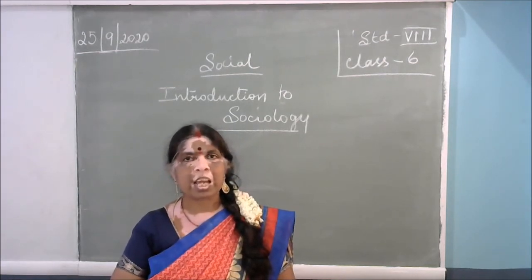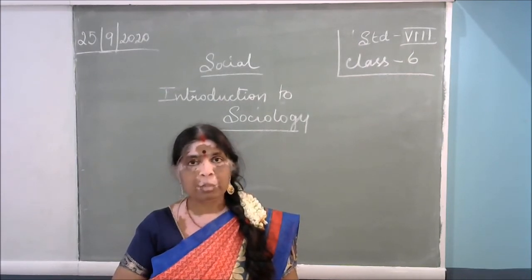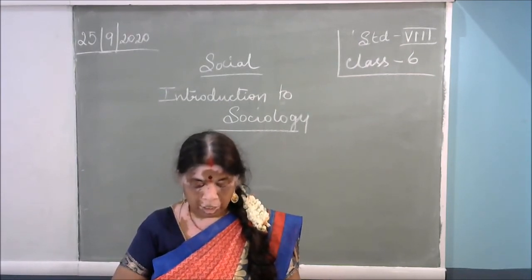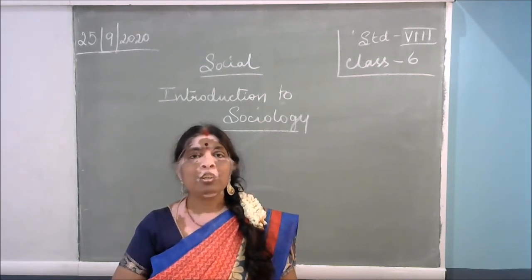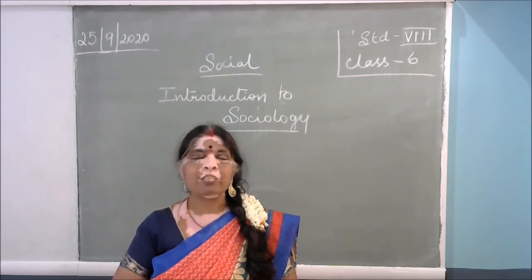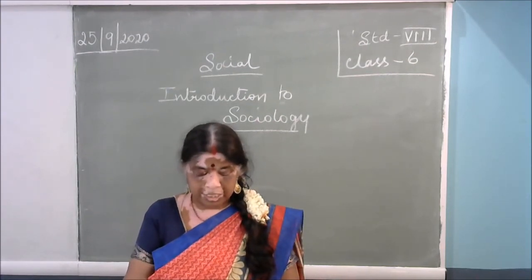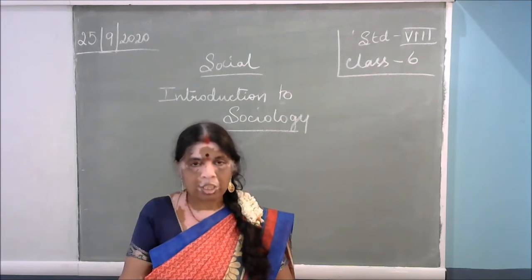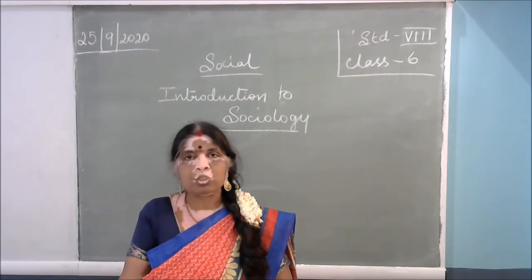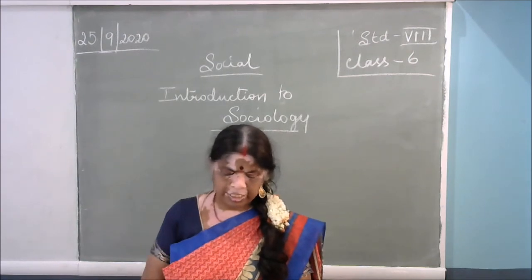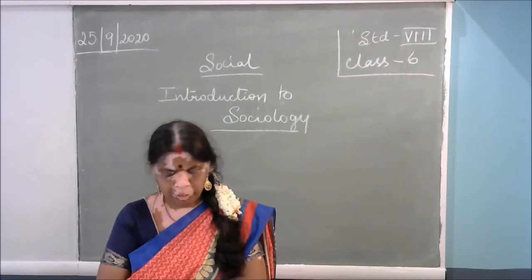Max Weber defines sociology as the study of social behavior, meaning our behavior. Next is Emile Durkheim, who said sociology is the science of social institutions. In general, one can define sociology as the study of human society.